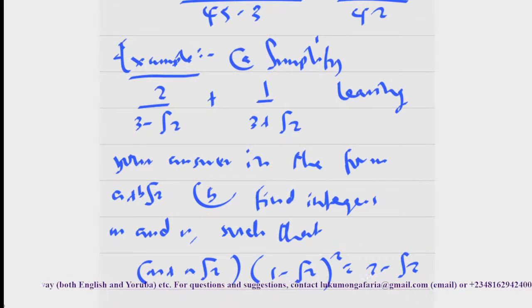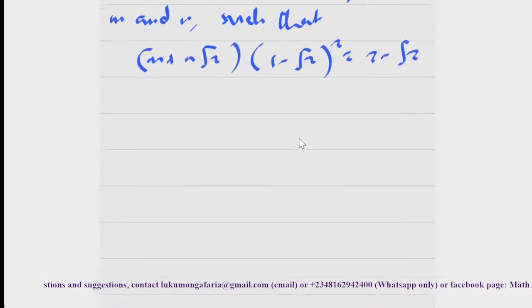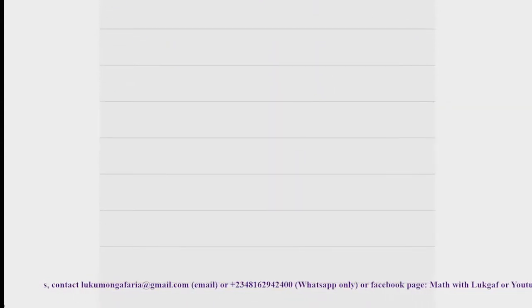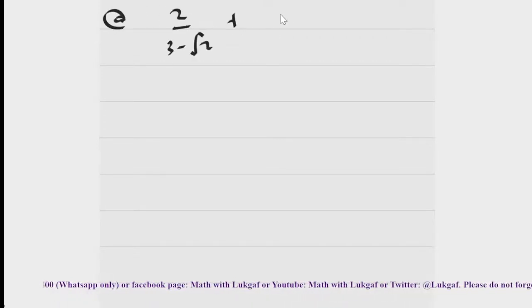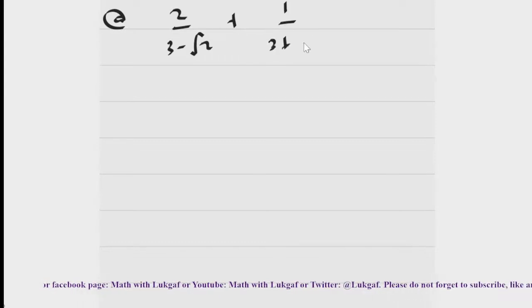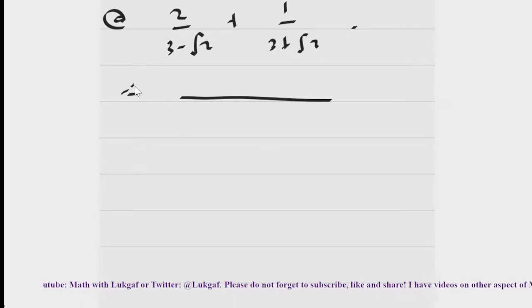Okay, let us simplify that. That is not difficult to do. So solution. The question says simplify 2 divided by 3 minus root 2 plus 1 divided by 3 plus root 2. This is not difficult to do. You can find your LCM straight away.